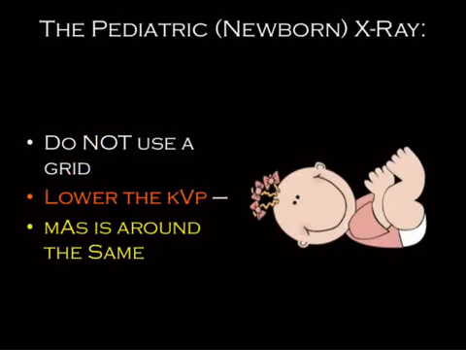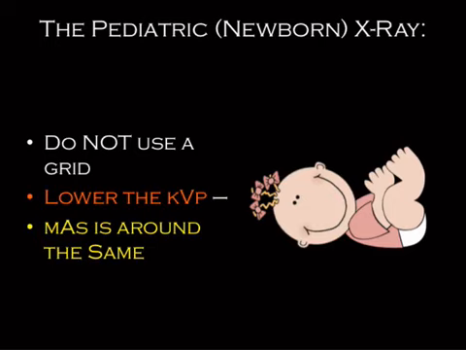We're going to, in this case, lower the kVp and keep the mAs around the same, or you could decrease it also. And the reason that you do that is babies are little and they require less kVp for penetration. Remember, you get more bang for your buck as far as decreasing the overall quality here, because 15% here equals 50% there.